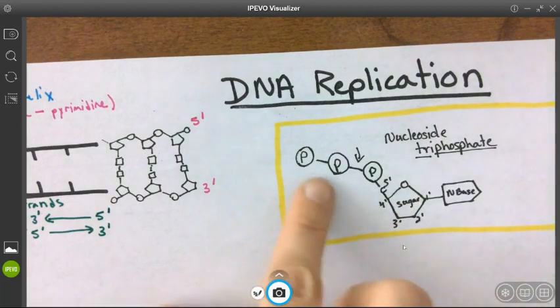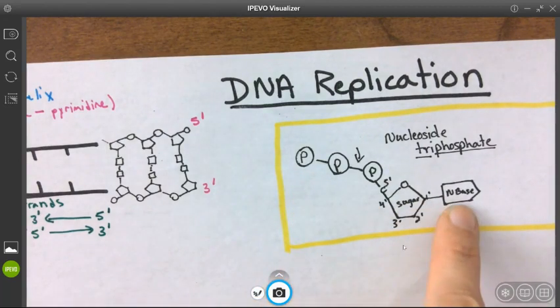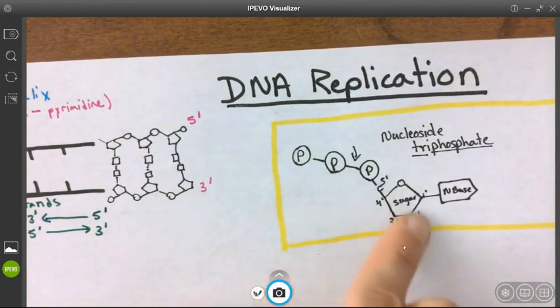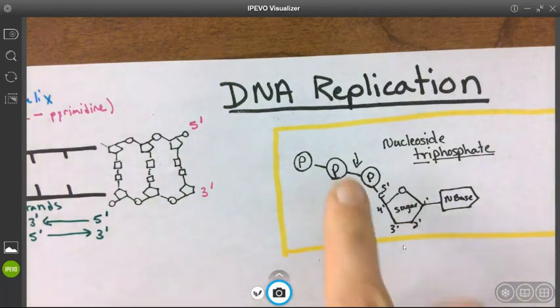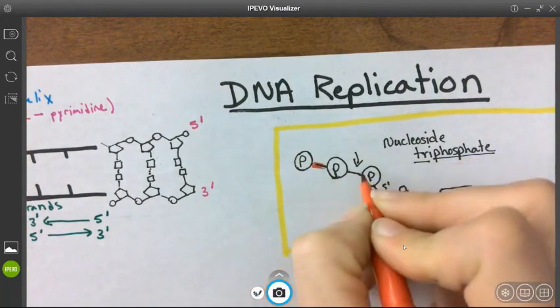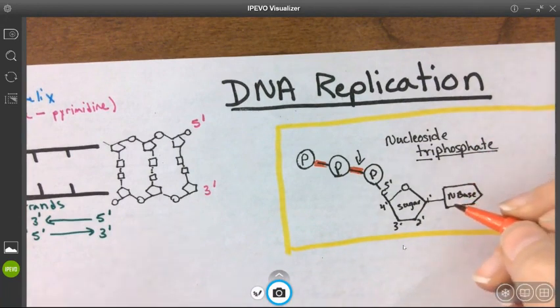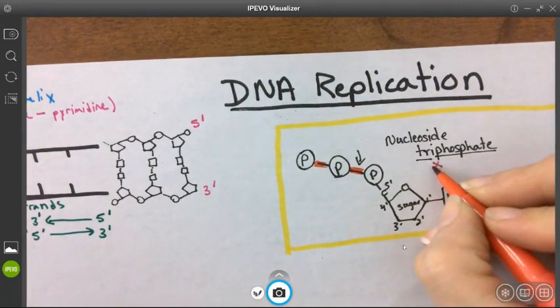ATP is like adenosine with 3 phosphates. Here we have the sugar and the nitrogenous base with 3 phosphates. But you could have GTP or TTP or CTP. The bonds between these high energy phosphates are going to be what provide the energy for DNA replication to occur, basically for the bonds to form between the nucleotides.